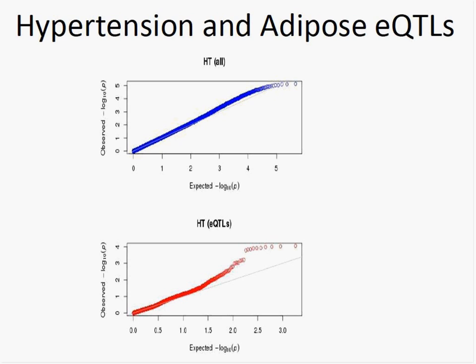And what you can see is a clear signal for adipose eQTLs in SNPs showing association with hypertension. And the excess becomes apparent fairly early, so even at the 10 to the minus 0.01 level p-value, you're seeing an excessive signal.